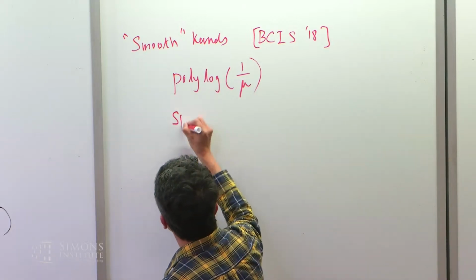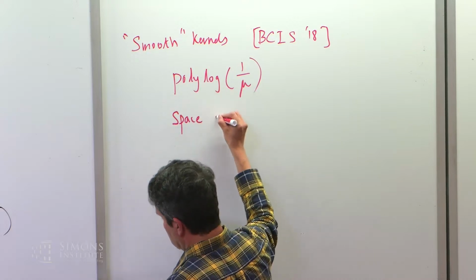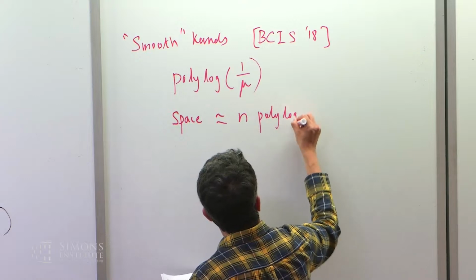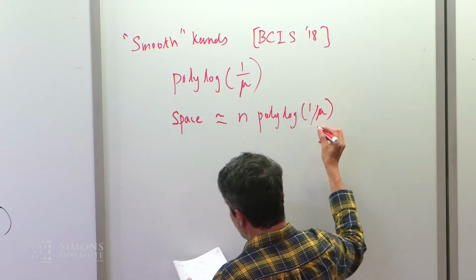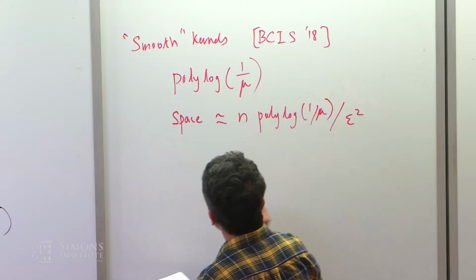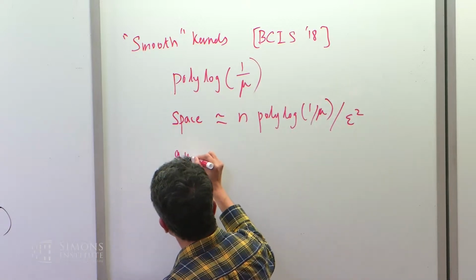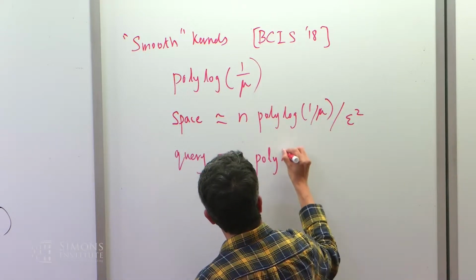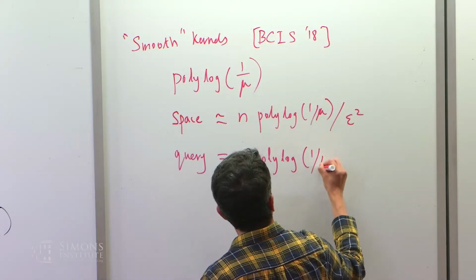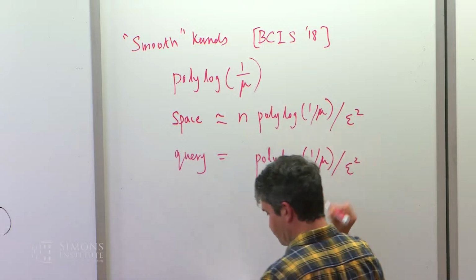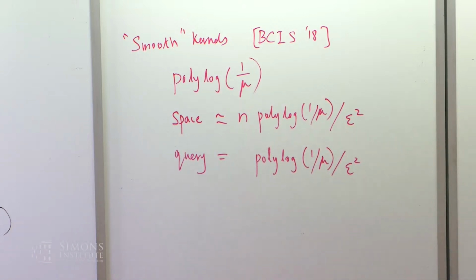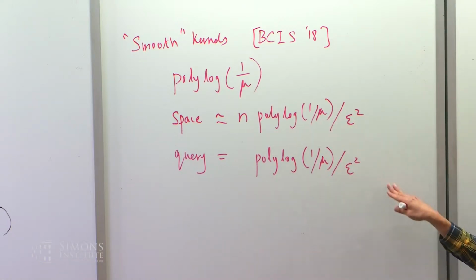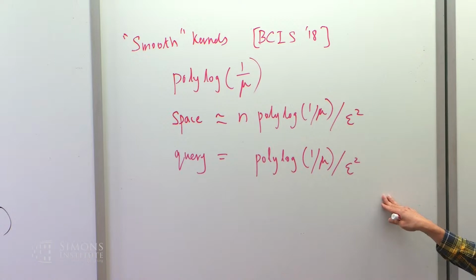The space complexity becomes roughly n polylog(1/mu) divided by epsilon squared, and the query time is roughly polylog(1/mu). So all we did was again improve the dependence on mu. We didn't change the dependence on epsilon.